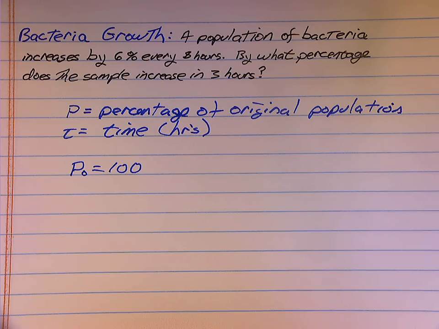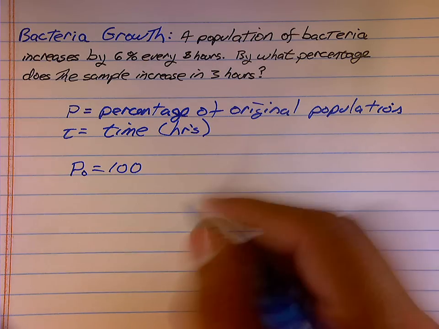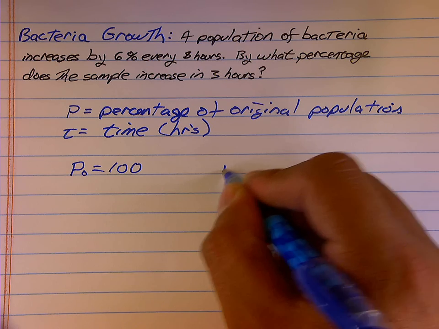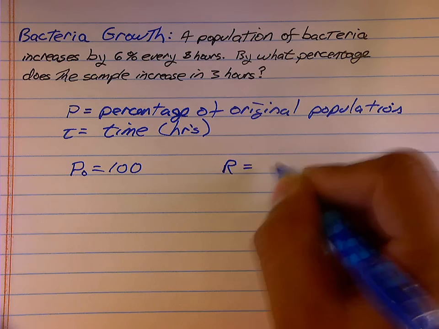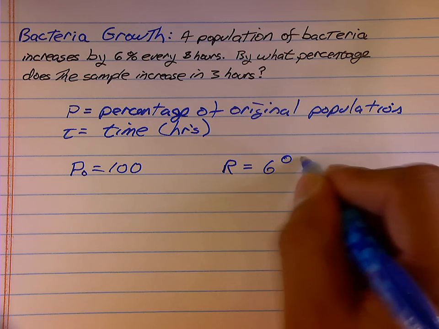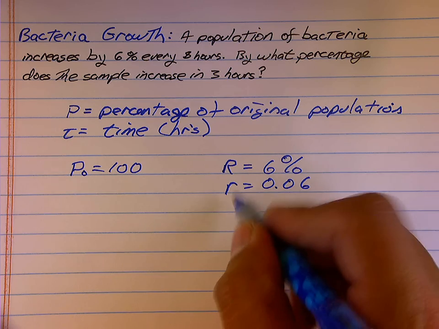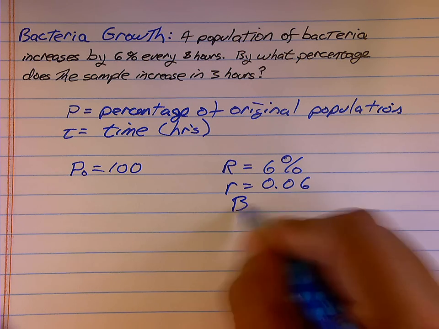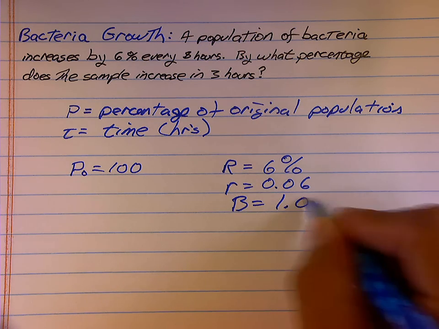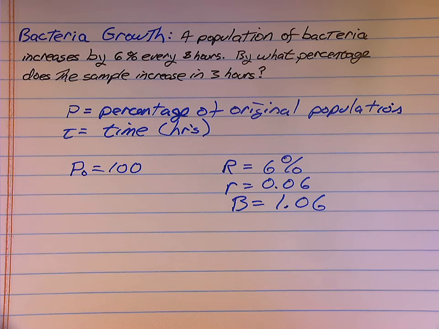To generate the factor, I'm going to use a relative factor technique. So I don't have a factor, but I know it's increasing by 6% every 8 hours. So we look at my relative rate. Big R is 6%, giving us a little r of 0.06 and giving me a relative factor of 1.06. It is not my factor.